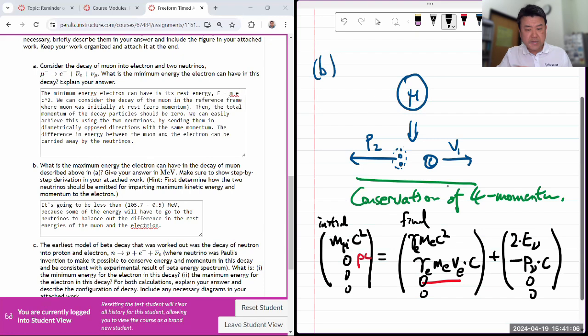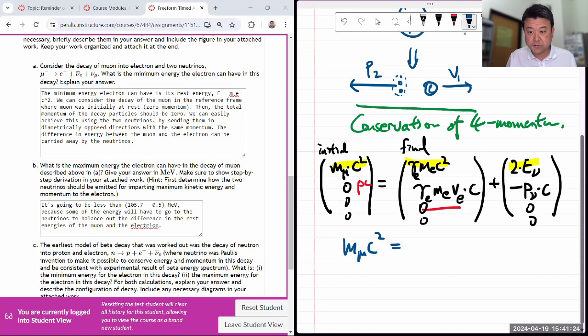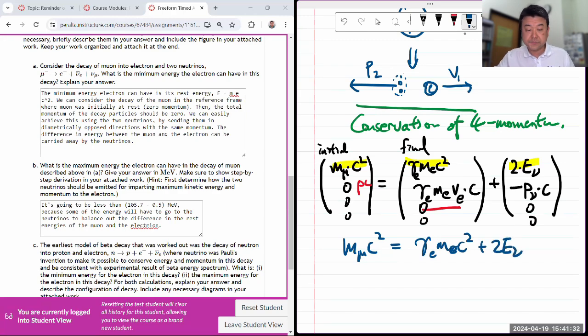Let's just do this algebra and see where it stands. I'm going to add these and set that element equal to this. Doing that, I get m_mu c squared is equal to gamma_e m_e c squared plus 2 E_nu.